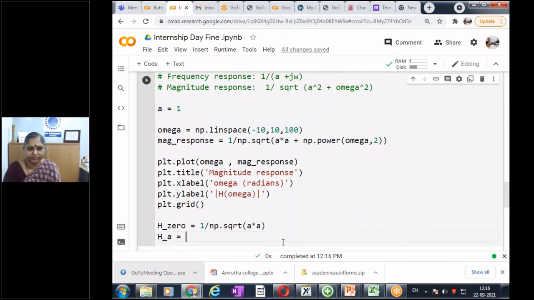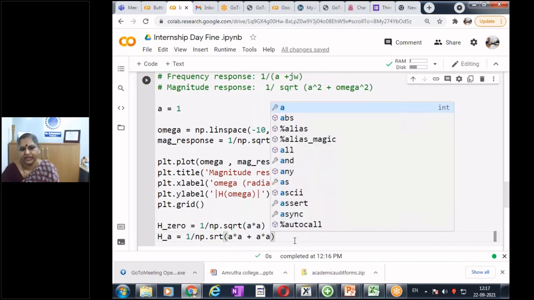And what is the magnitude of H of A? 1 by np.sqrt of A square plus omega square. Omega is also equal to A, so that is also going to be A square.